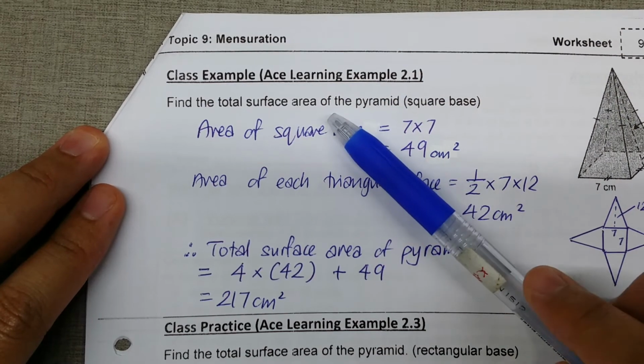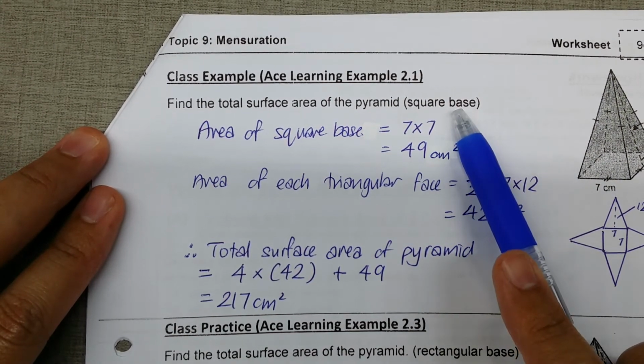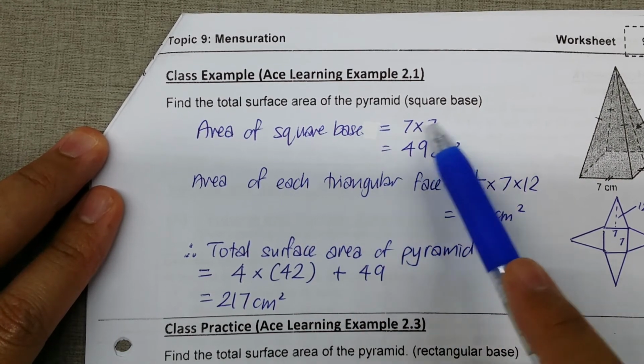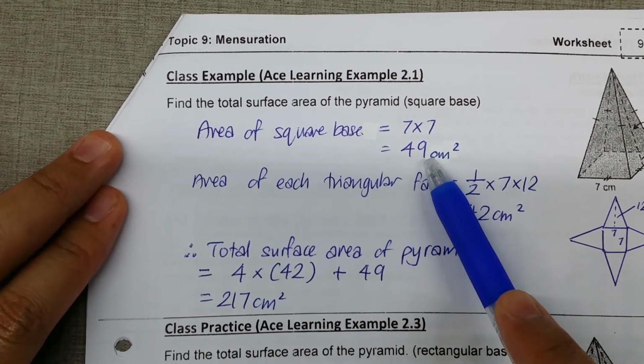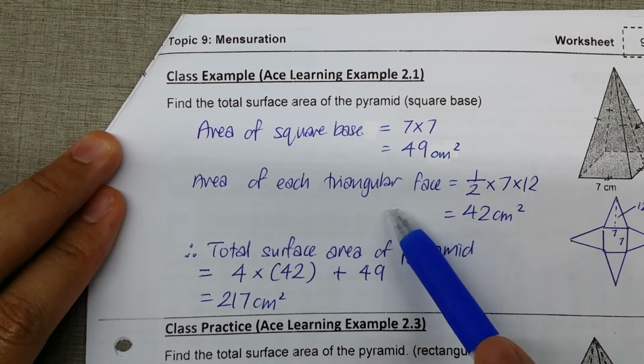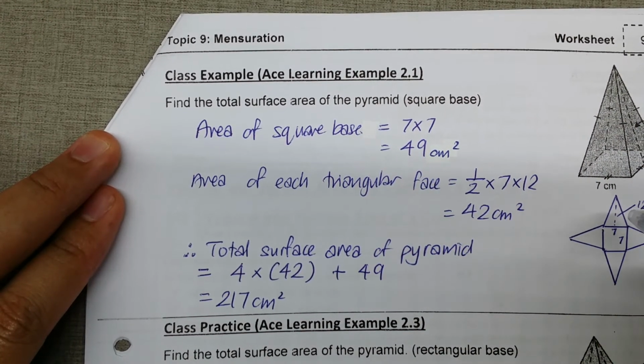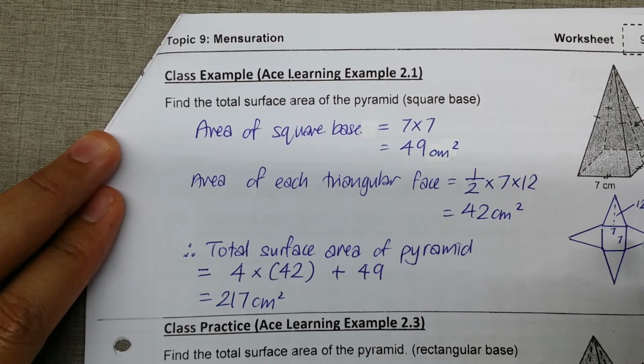Find the total surface area of the pyramid with a square base. So very quickly, find the area of the square base. 7 times 7, easy, 49. Area of each triangular face. 1, 2, 3, 4. 4 sides of the triangle. Look at this, I open up. 4 triangles. Each of them is half times 7 times 12.